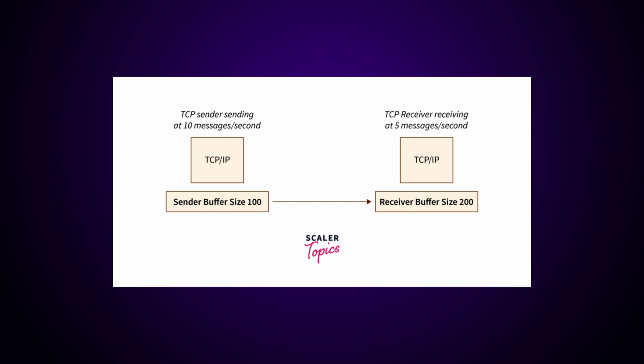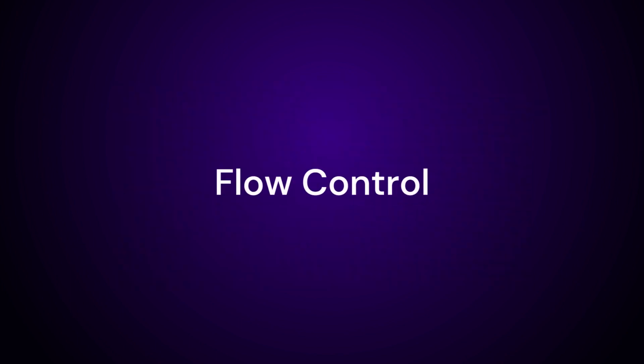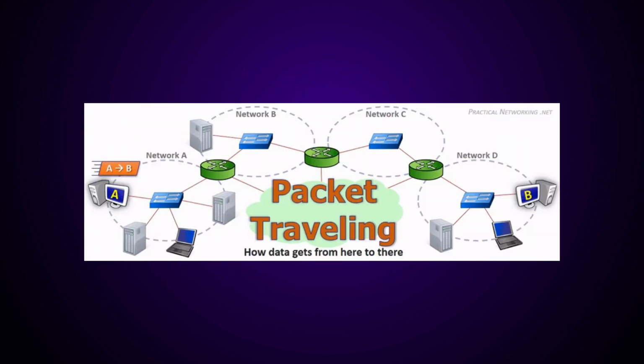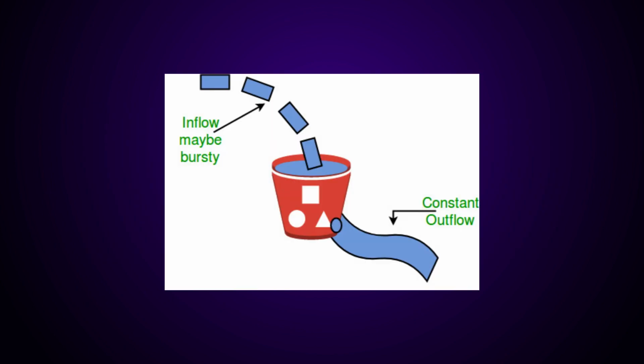That is a much simpler problem to solve, and it is known as flow control. Congestion control is much more complex, since data travels through an entire network, and not just a wire connecting the sender to the receiver, with the potential of multiple senders and receivers. Congestion control is also concerned with finding ways to efficiently utilize the network alongside the other senders and receivers.